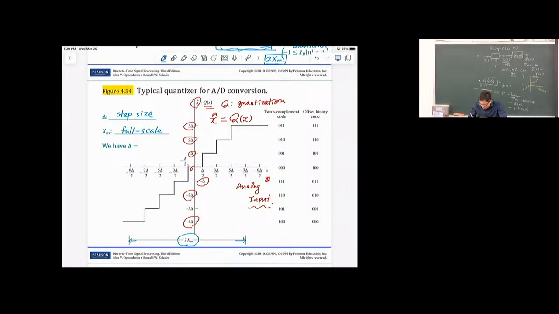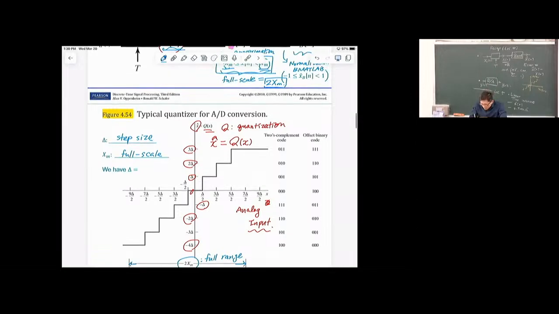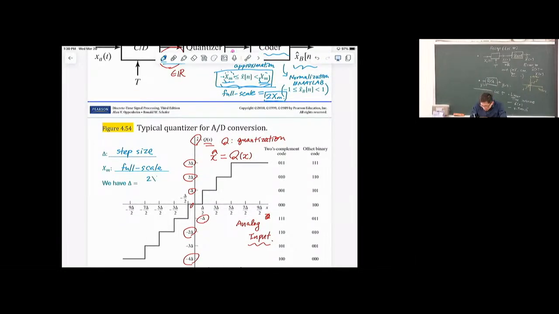Or sometimes this is called full range. Full range includes the positive and negative side, okay? So full range is equal to 2 times full scale. So we must have delta equal to the full range, 2 x_m, divided by 2 to the number of bits.